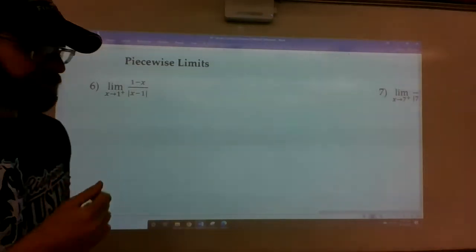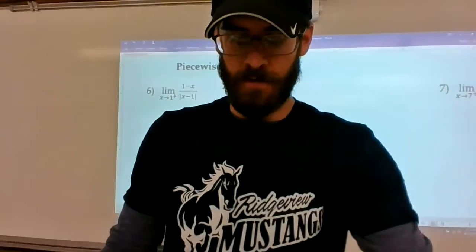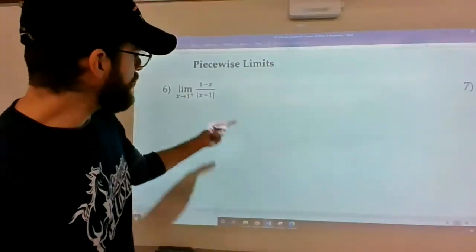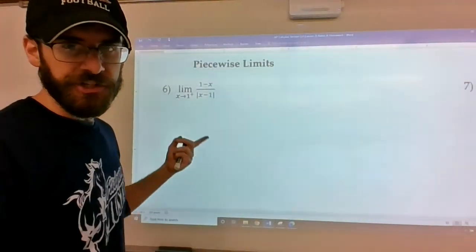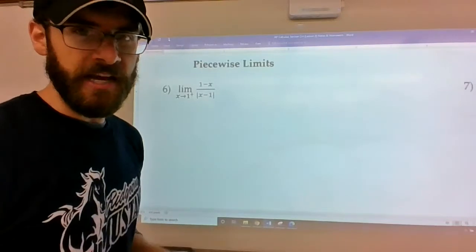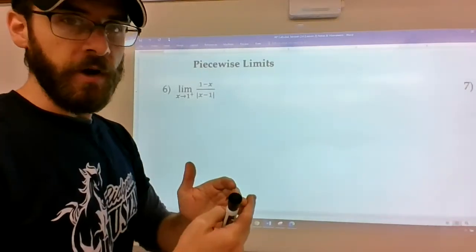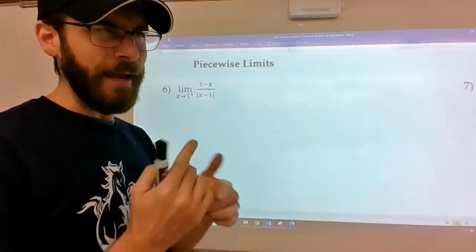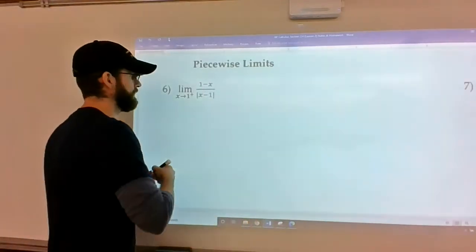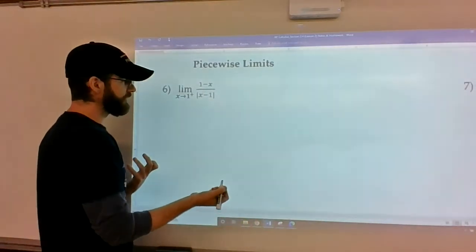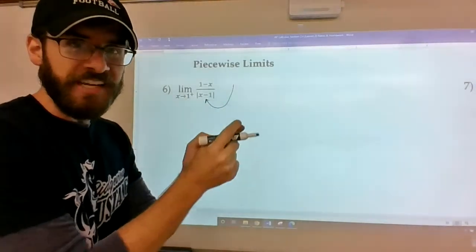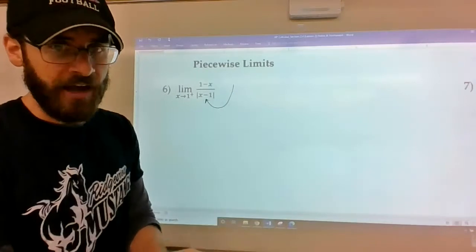All right, piecewise limits. I included absolute value in this because last year in pre-calculus I taught you how to convert absolute value functions into piecewise defined functions. Here's what you do. You find the critical numbers that exist for the zeros inside the absolute value.